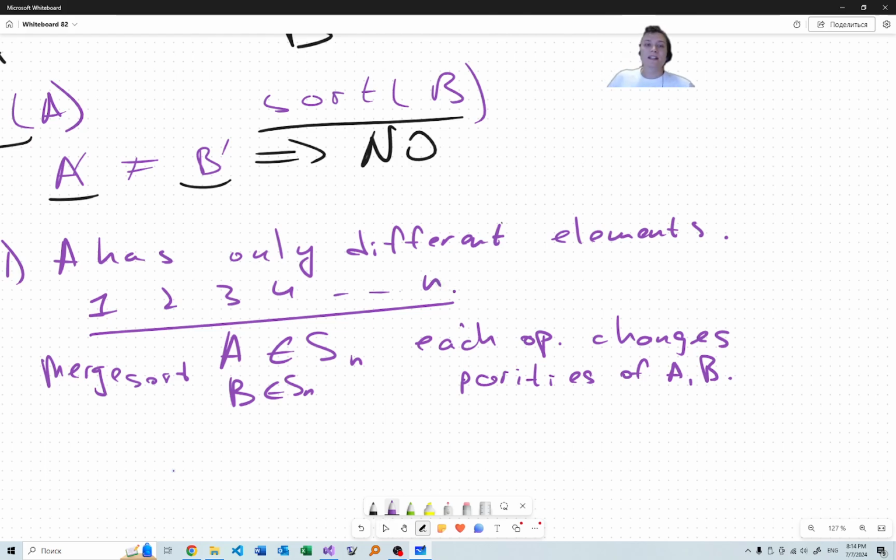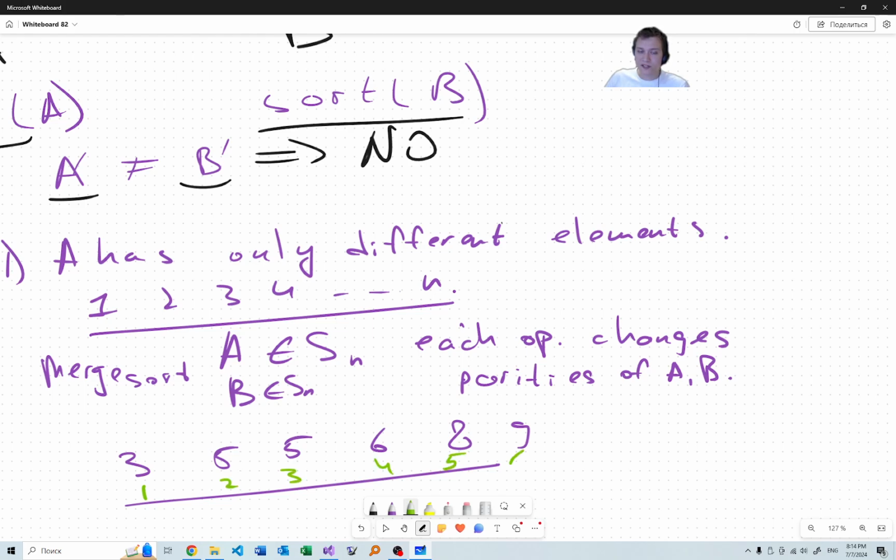But what if some elements are the same? For example, we have 3, 5, 5, 6, 8, 9 as our sorted array. Let's still make a permutation out of it, so let's still call it 1, 2, 3, 4, 5, 6 in both arrays.